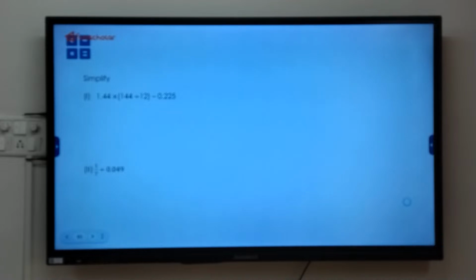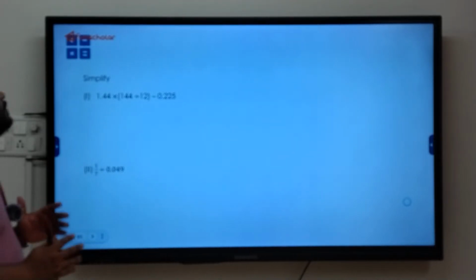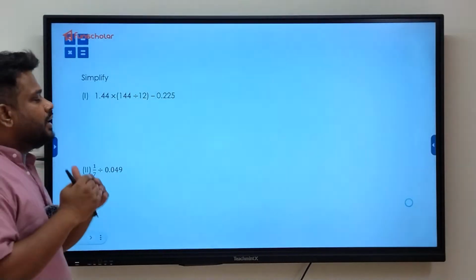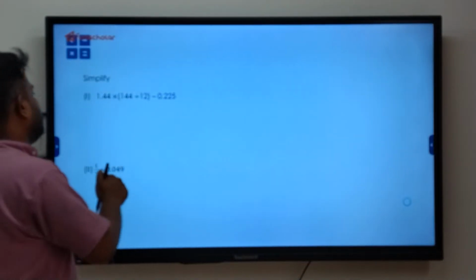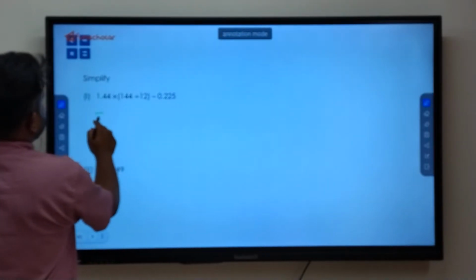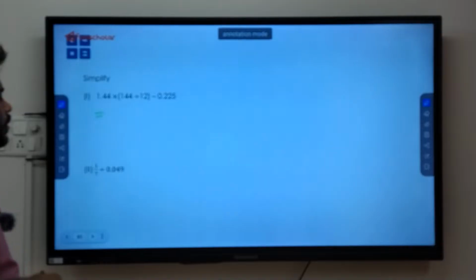Okay, now this one is simplify. Well, okay, simplify is what? Where we use addition, subtraction, multiplication and also division in the same questions. And it also consists of brackets and all kinds of brackets.